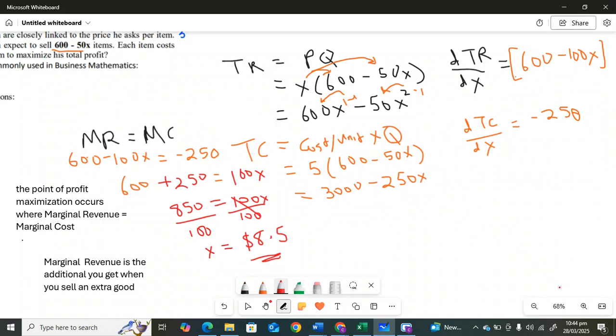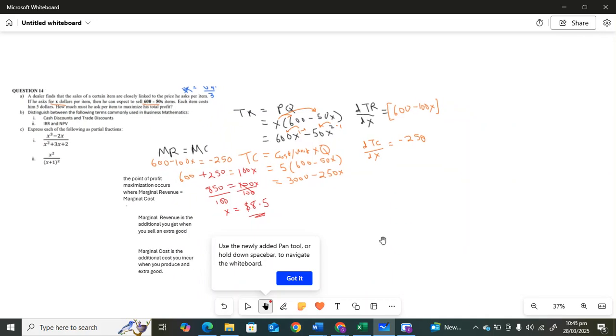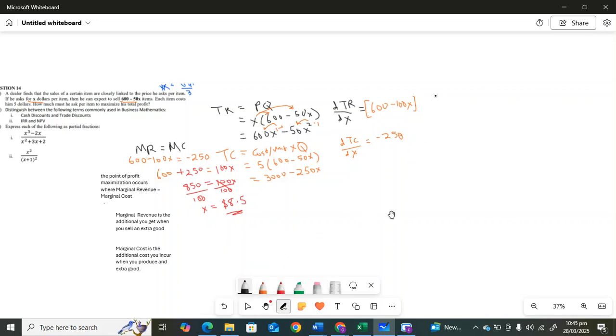Okay, the second way to do it, you can just say, after you get your total revenue and your total cost function, because this total revenue and total cost function is going to be applicable in both ways. Okay. So after you go to your total revenue and your total cost function, remember profit equals total revenue minus total cost.